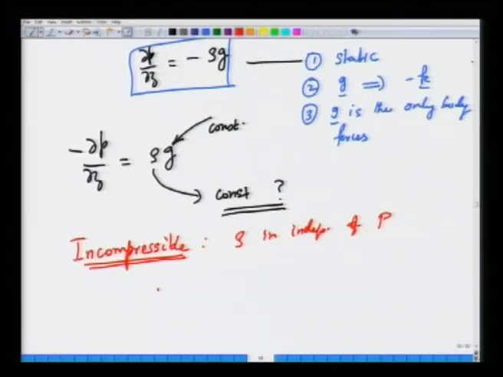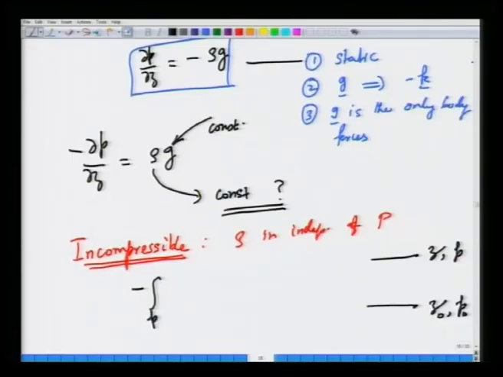If I take 2 points in the fluid where the height is z naught and z, and where z is z naught, p is p naught, and where the vertical coordinate is z, pressure is p, then I write minus integral p naught to p dp is minus rho g.